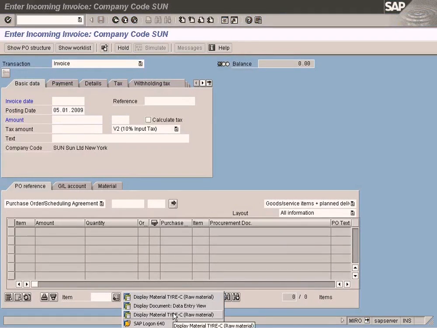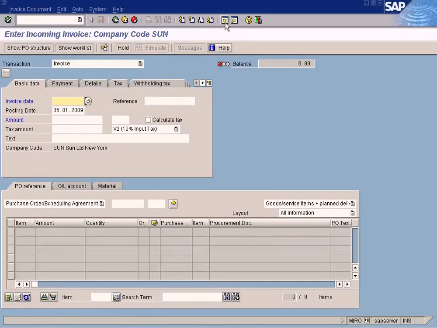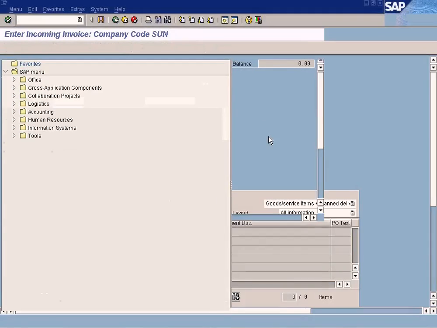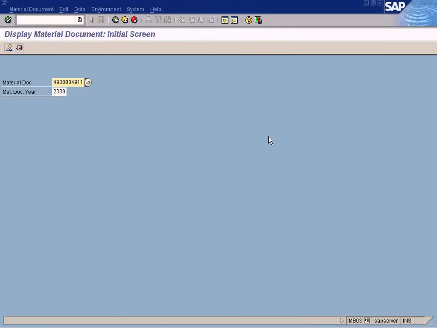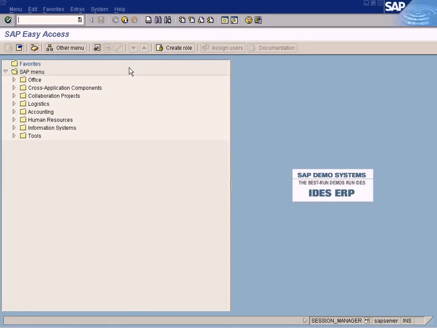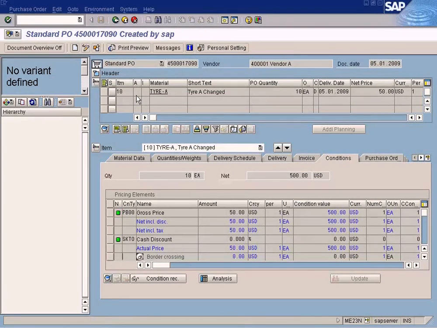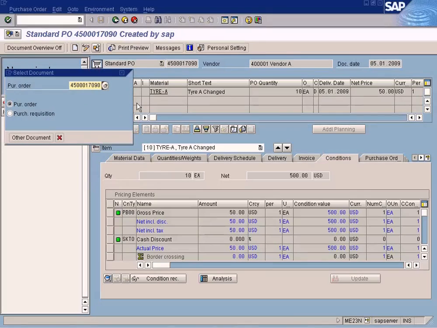Now let us post the invoice in the normal way. I forgot the purchase order. Let me check. Does not exist. ME23N.